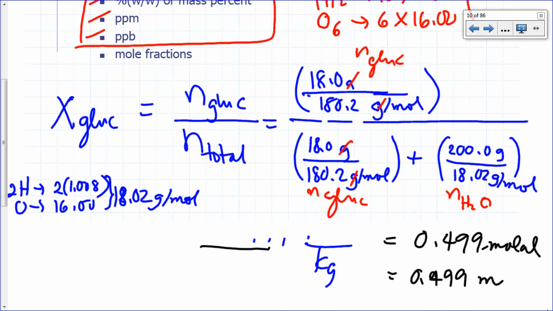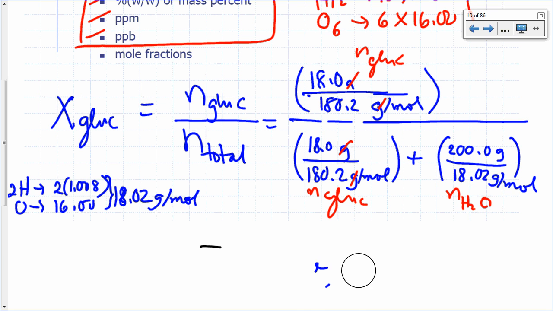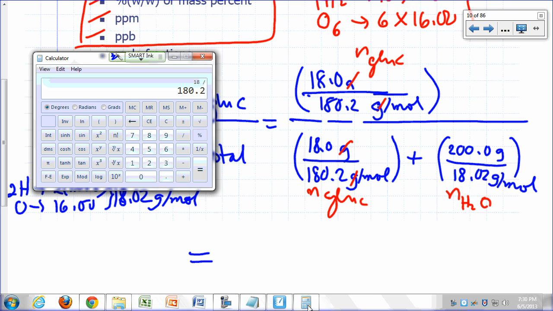So let's add these all up. Calculate. We're going to get 18 over 180.2, which is 0.09989.